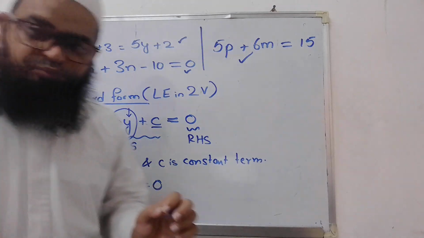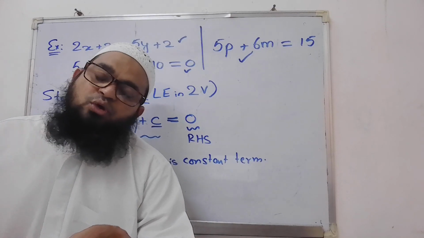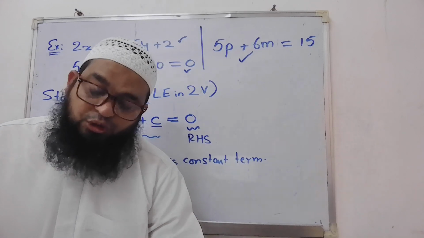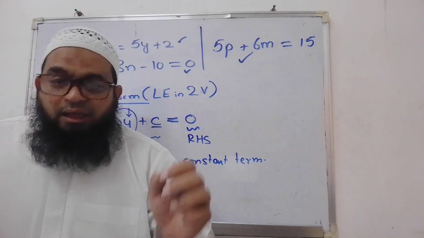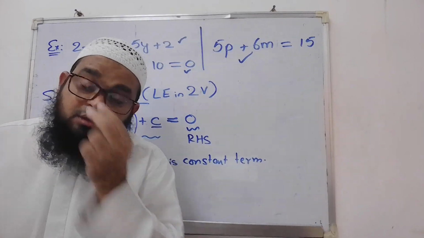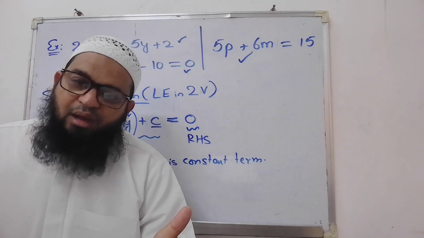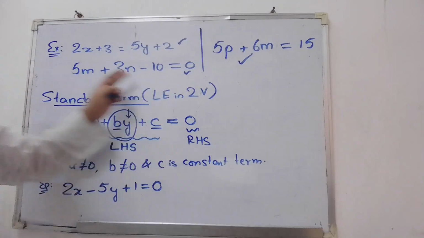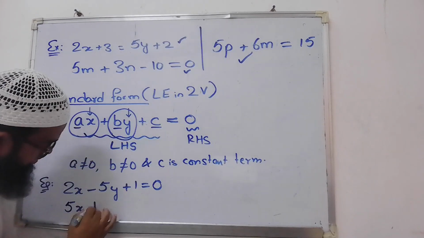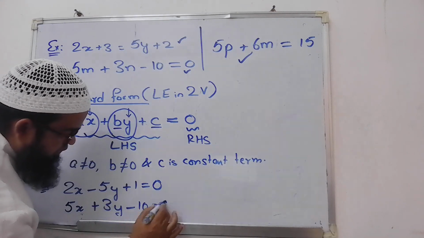But whenever we are studying, we follow some fixed variables so that students don't get confused. So in this chapter, whenever we use a pair of linear equations in two variables, we are going to use only x and y. So you can write it as, for example, 5x plus 3y minus 10 is equal to 0.